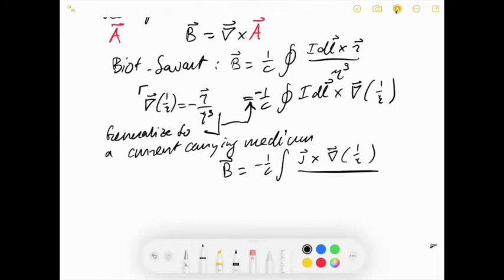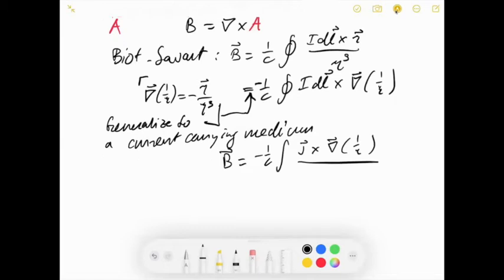I think I dropped a term, but I'll get to that in a second. I want to finish my thought first.